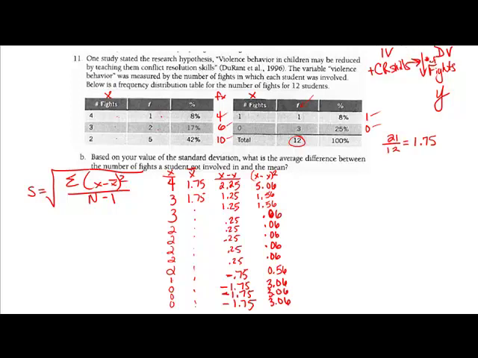Alright, now I need to sum these. I'm just going to go ahead and type it all in my calculator. 5.06 plus, I'm actually going to do something a little cheating and use some parentheses here.